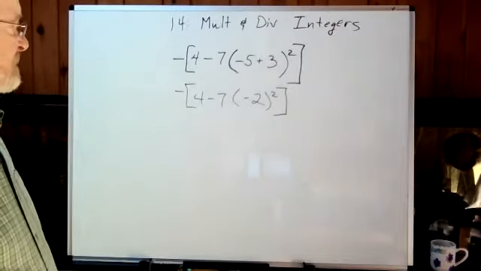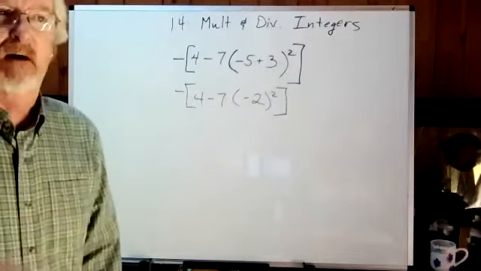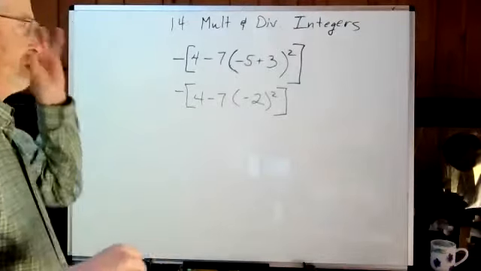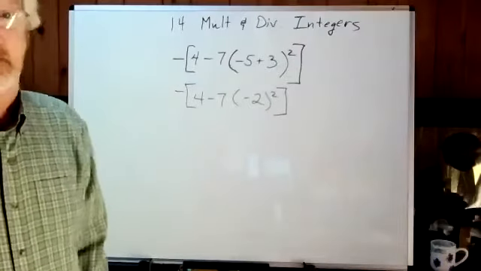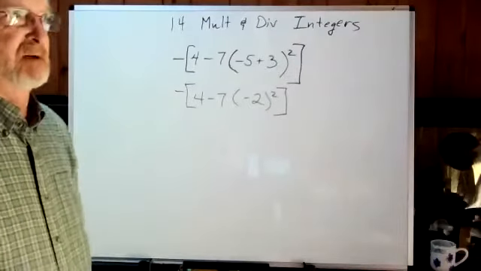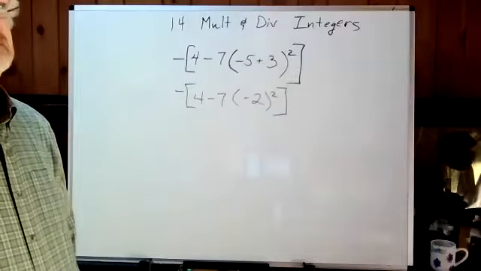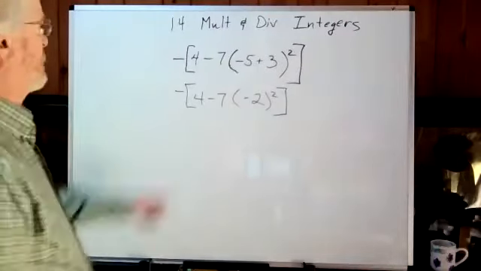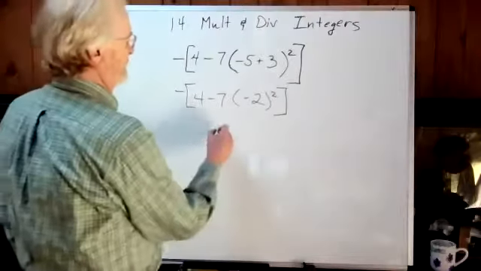Exponents. Okay. Now, before we go too far, I want to point out this kind of problem is designed almost as a trap, a trick. There's something visual in there that easily causes you to make a mistake. Oh, 4 minus 7, that's just 3.